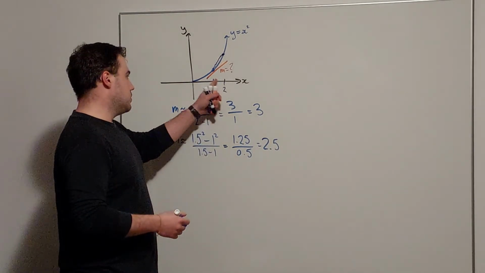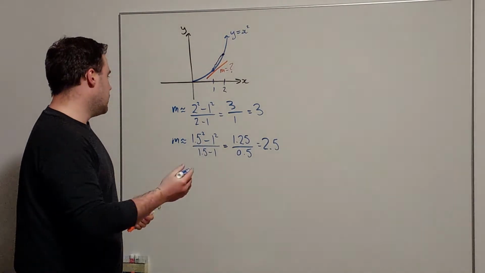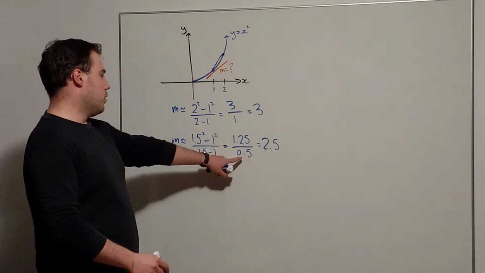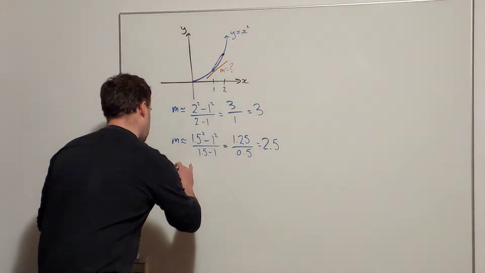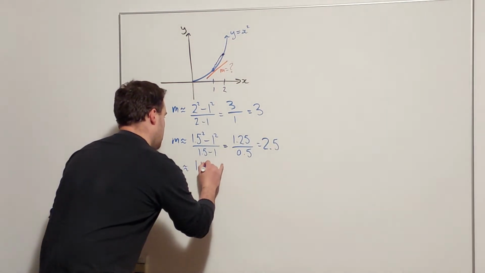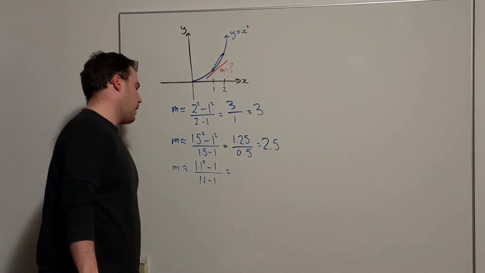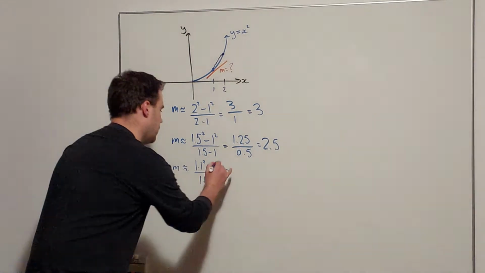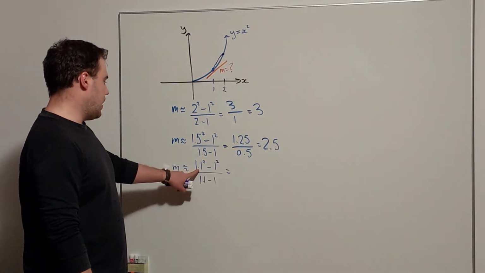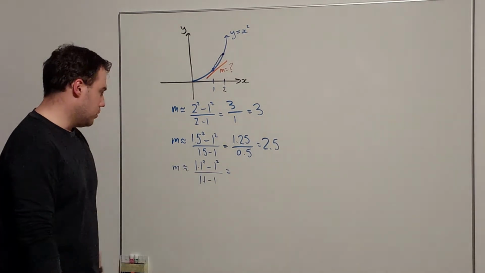So maybe let's not do halves, let's start to just get some tiny decimal points, like say at 1.1. So we're now only 0.1 away rather than 0.5 away or 1 away. So the gradient is going to be maybe 1.1 squared minus 1 squared, which is of course 1, but that's the output minus the other output over the input minus the other input.